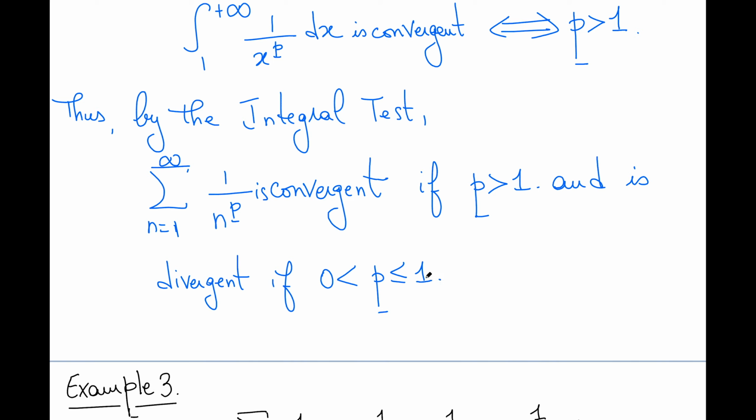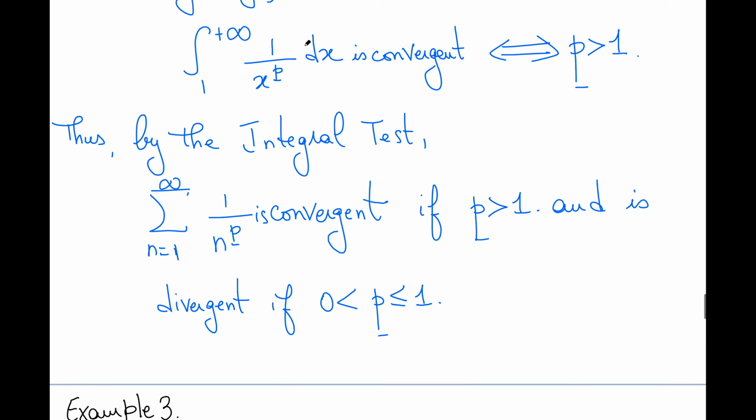By the way, if p is 1, I can infer this by appealing to the property we talked about in the improper integral section. But if p is 1, the series is actually the harmonic series, which we know diverges. So this is not really news to us when p is 1.